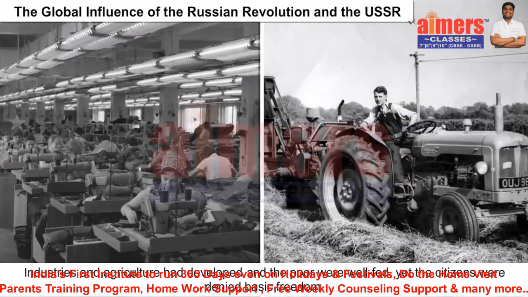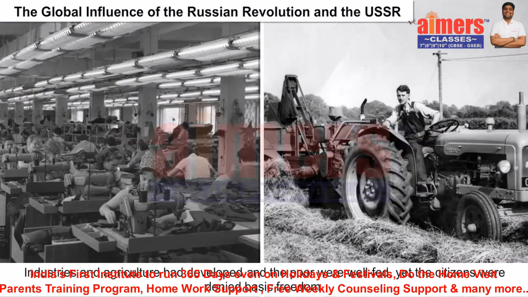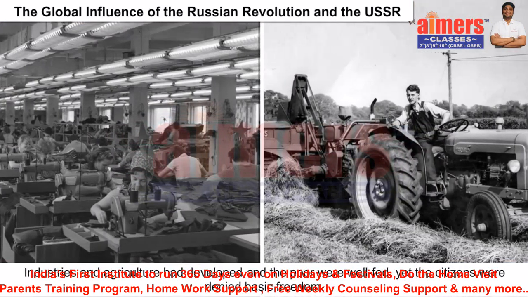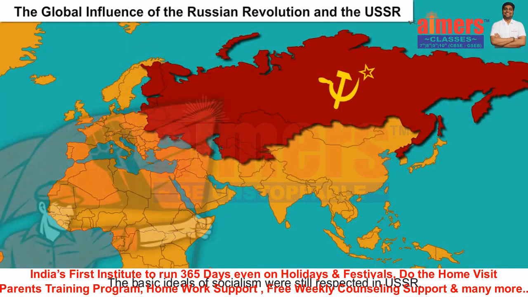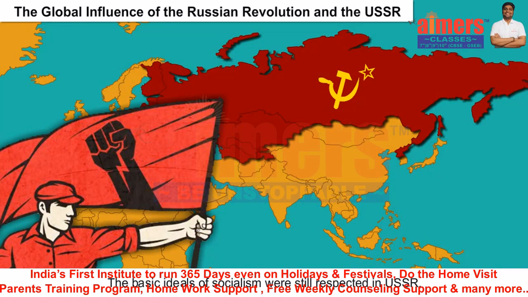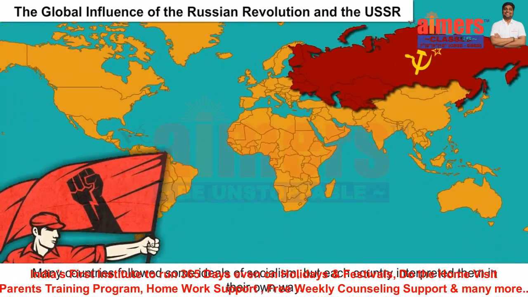Industries and agriculture had developed and the poor were well fed, yet the citizens were denied basic freedom. The basic ideals of socialism were still respected in the USSR. Many countries followed some ideals of socialism, but each country interpreted them in their own way.